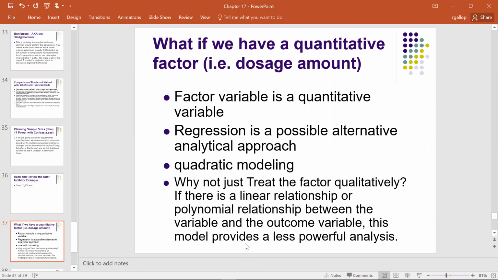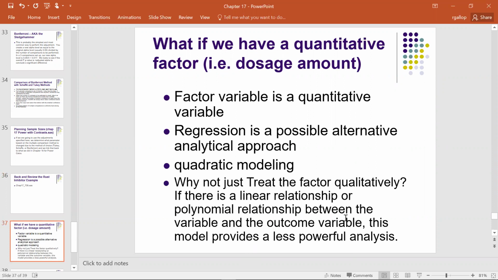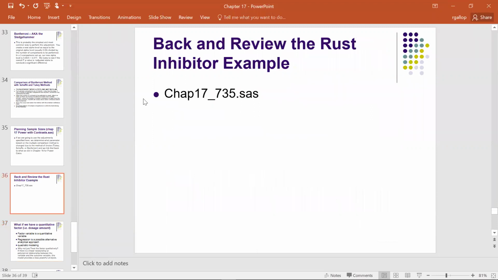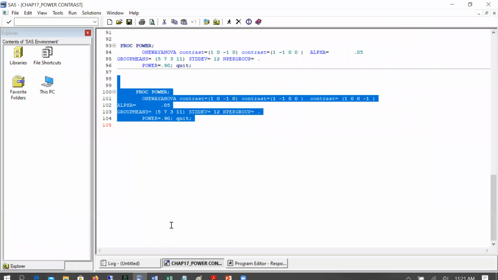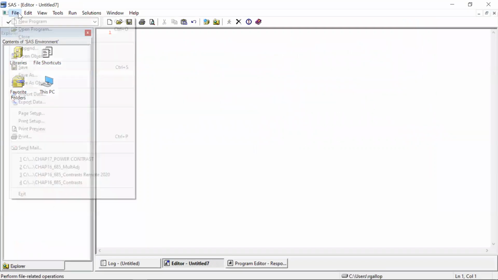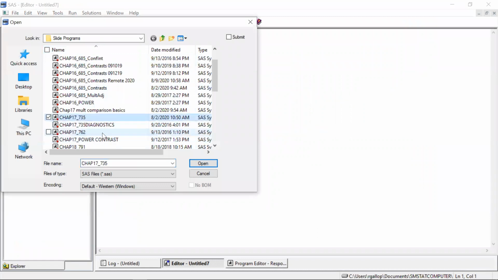Now, one last topic before we close this out for video 4 is what if we have something that is not really necessarily a categorical factor, but one that we can think of as quantitative. Well, I'm going to go back to chapter 7, our rust inhibitor data.